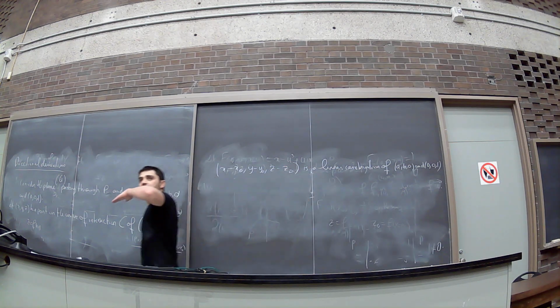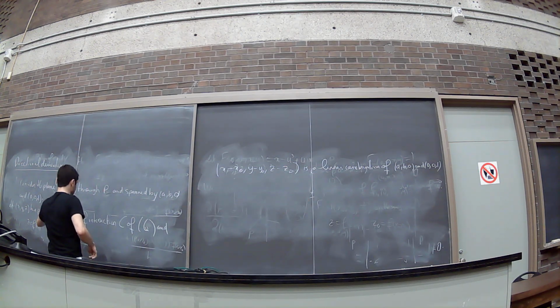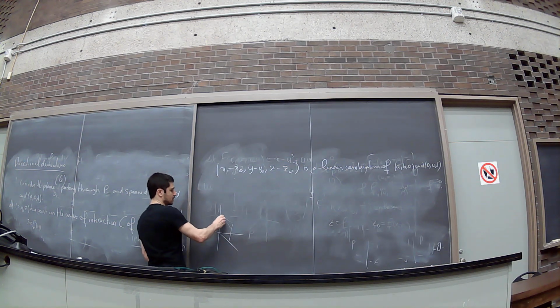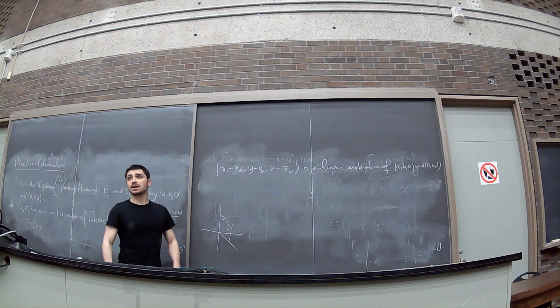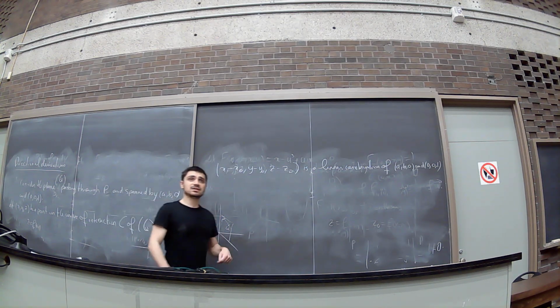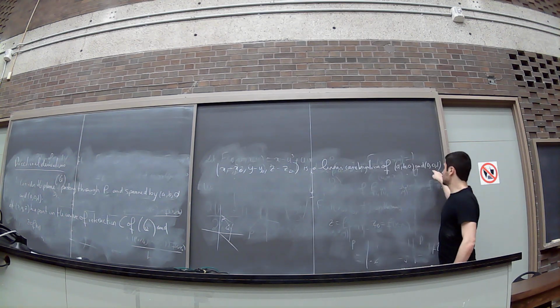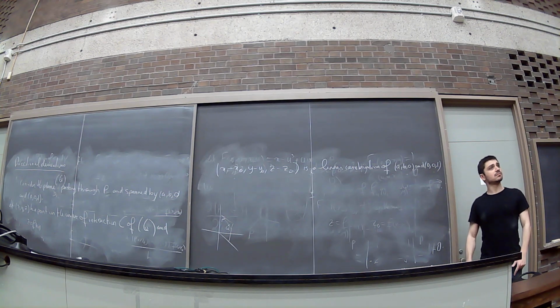You agree? The difference of these two vectors, so you take a point (x, y, z), so you have your surface here. This is the curve of intersection of the plane and the surface. You have a point P here, and you have a point Q here. Now this vector lies in the plane. If a vector lies in the plane spanned by (a, b, 0) and (0, 0, 1), then you can write it as a linear combination of these two, right?